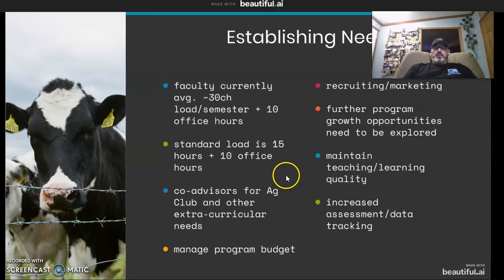Furthermore, we also manage our program budget, and are responsible for recruiting and marketing our program, investigating further program growth opportunities in order to expand what we have to offer for our students in our district and community, maintaining quality teaching and learning experiences for our students, and increasing assessment and data tracking that has been added in the last few years.